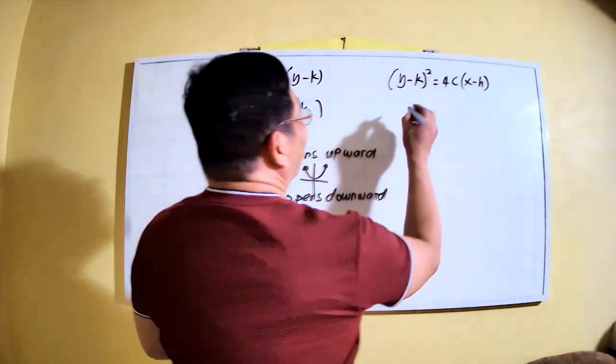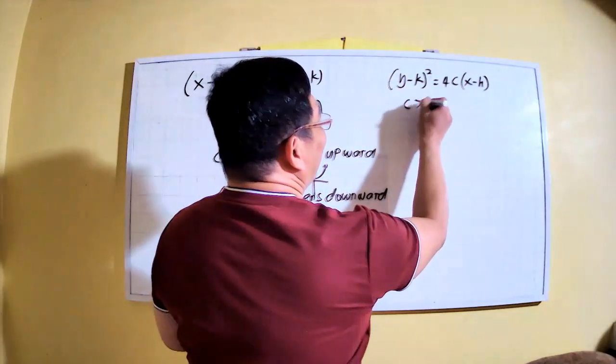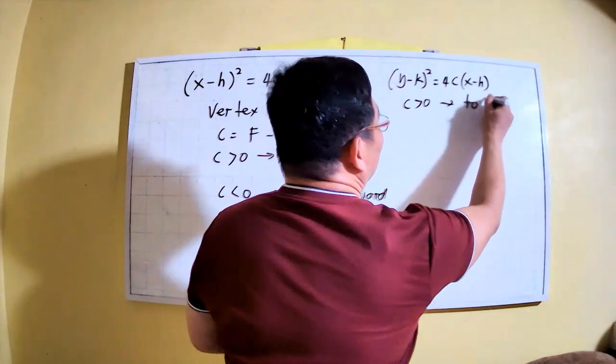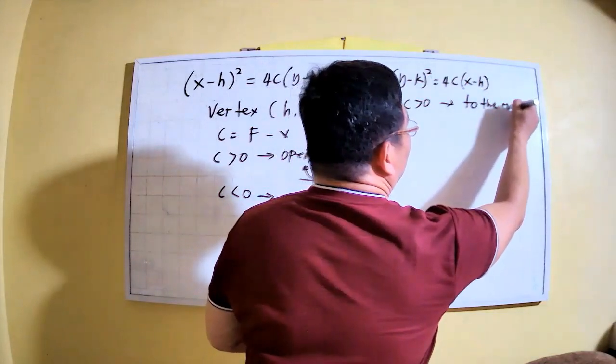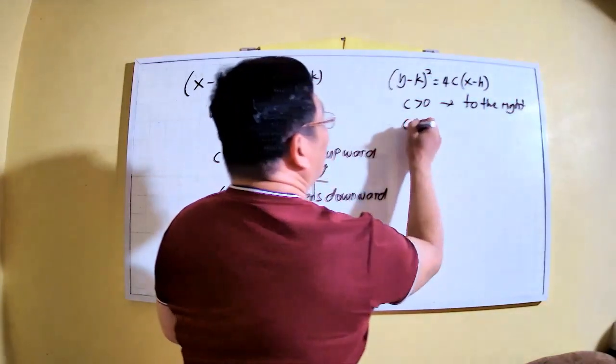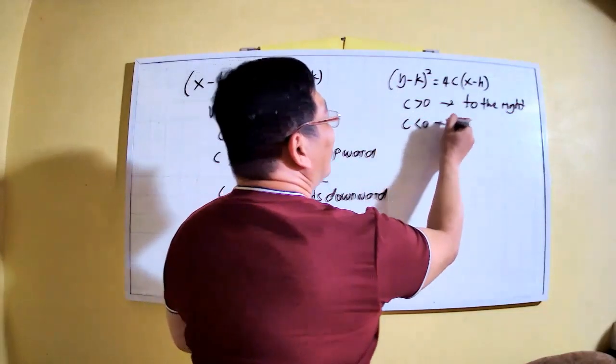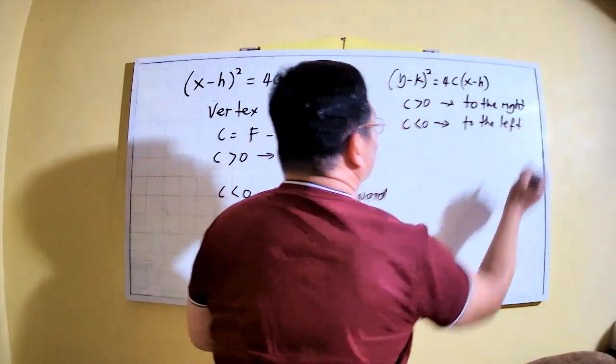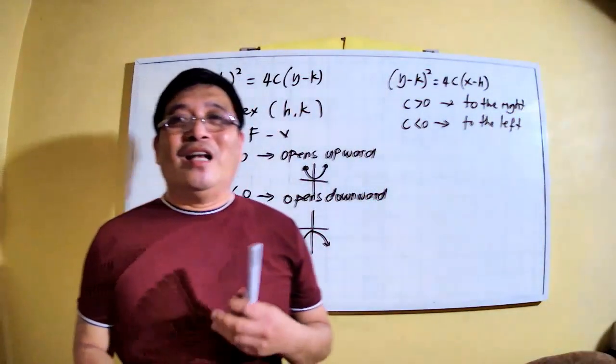Ano yung kukonsider natin? Again, if c is greater than 0, then the parabola opens to the right. If C is less than 0, it opens to the left.